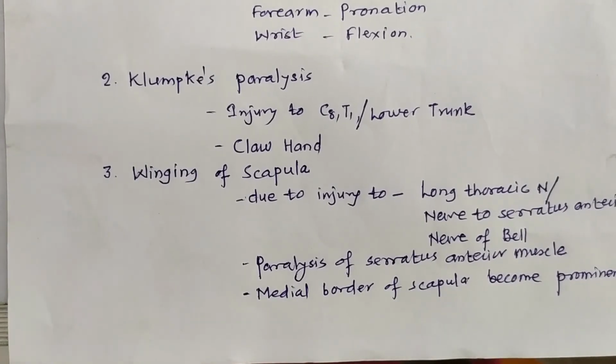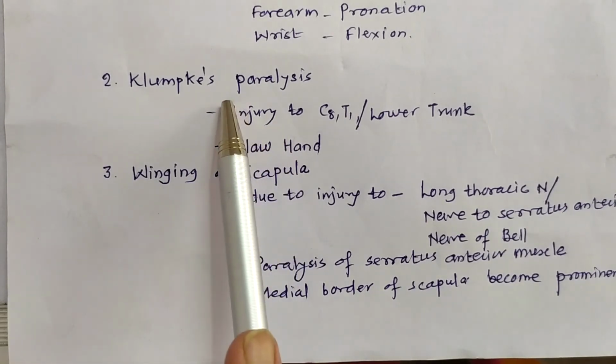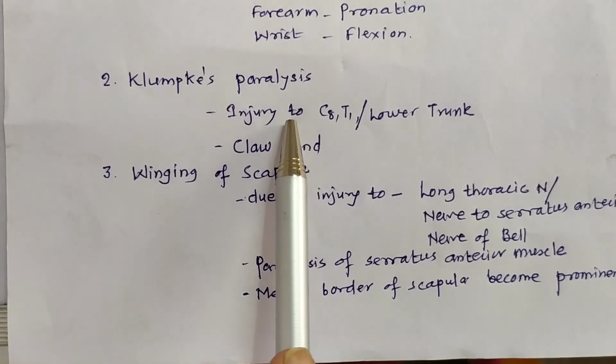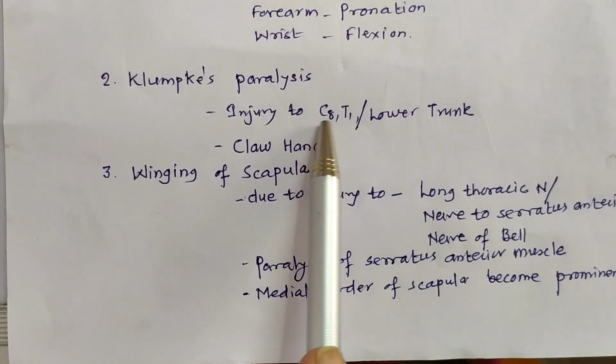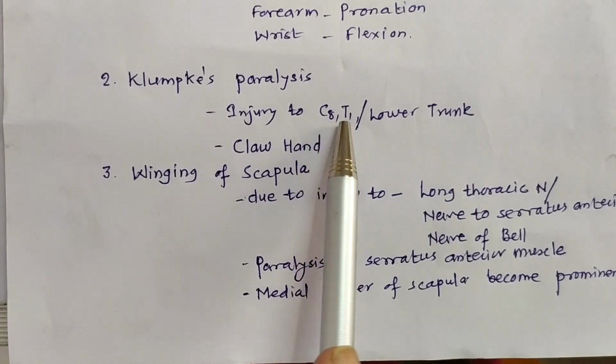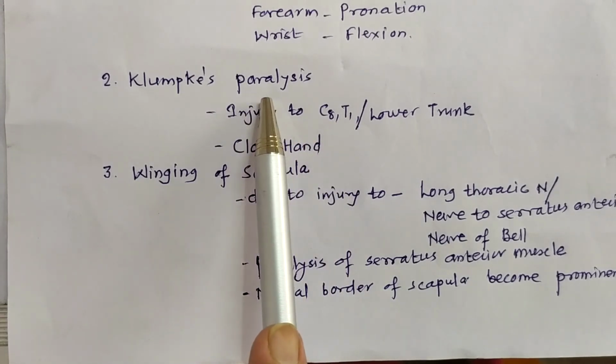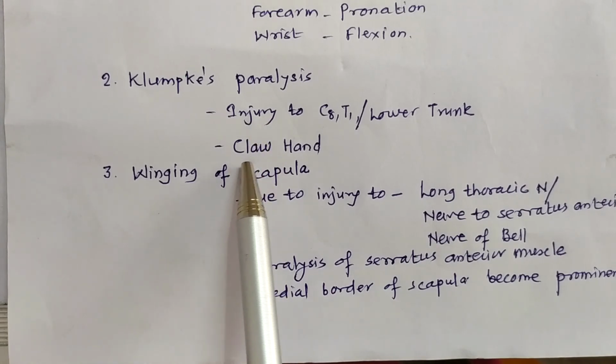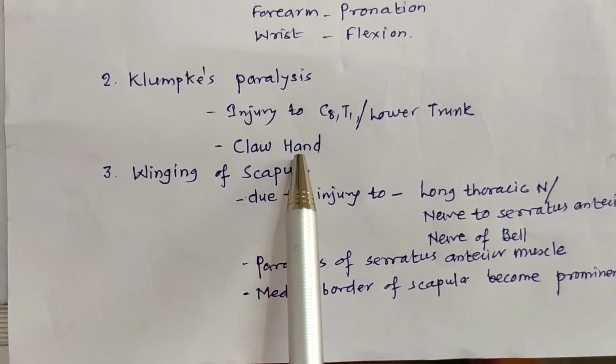Injury to the lower trunk leads to Klumpke's paralysis. Injury to lower trunk or C8 T1 root leads to Klumpke's paralysis. And the position of hand in Klumpke's paralysis is called as claw hand.